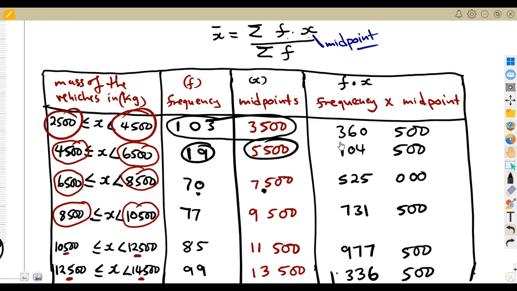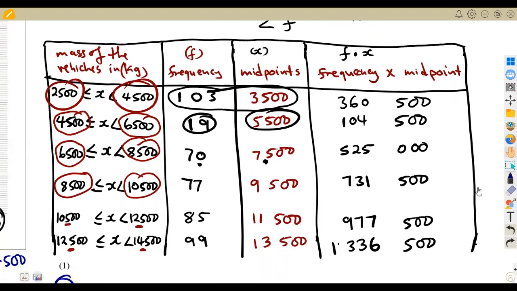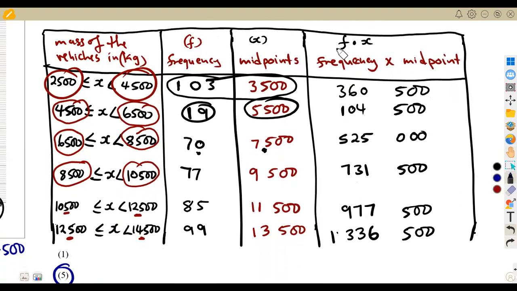As we can see on the formula, there is a need for us to find the total, the sum. The summation is for the sum of the frequency and the midpoint. We need the total, and also the sum of the frequency, which is the total of the frequency. So where we need the totals is on frequency times midpoints and on the frequency.